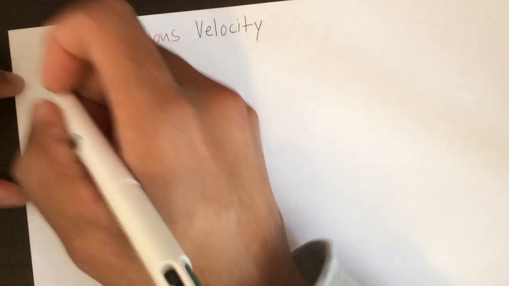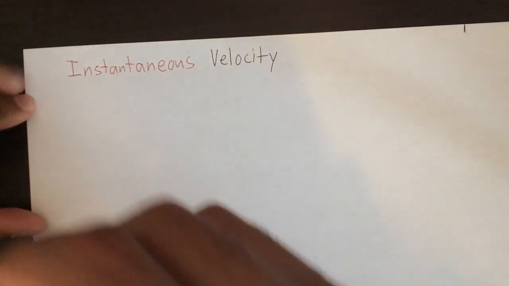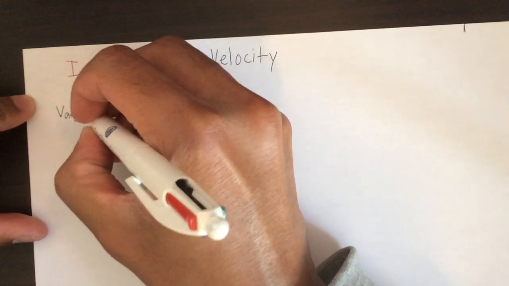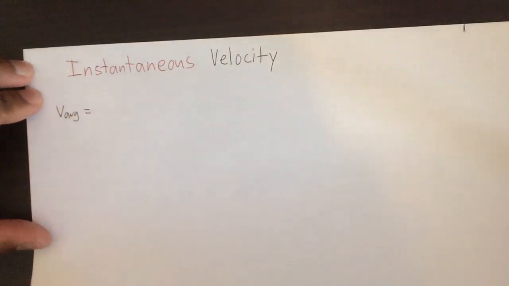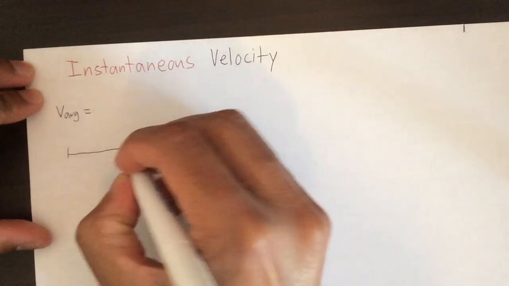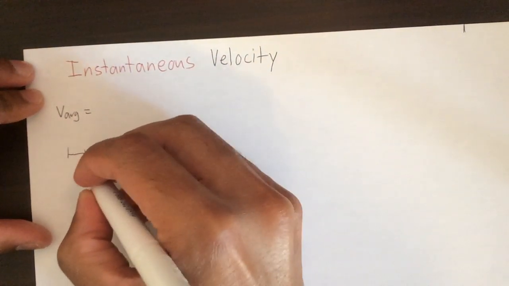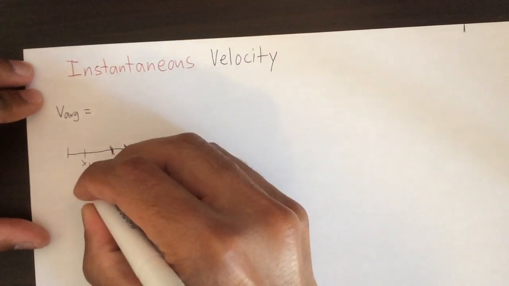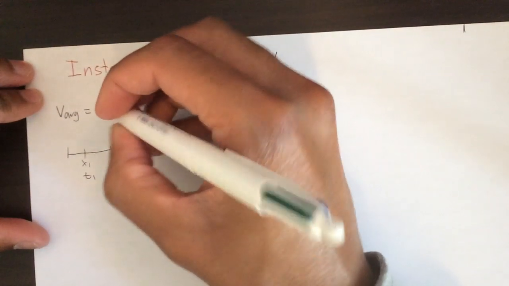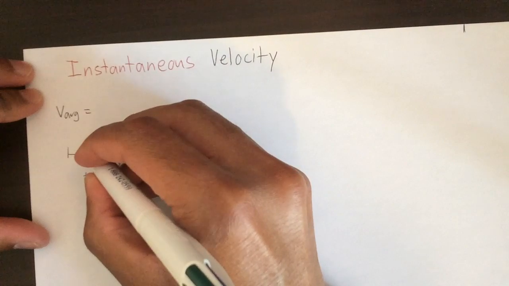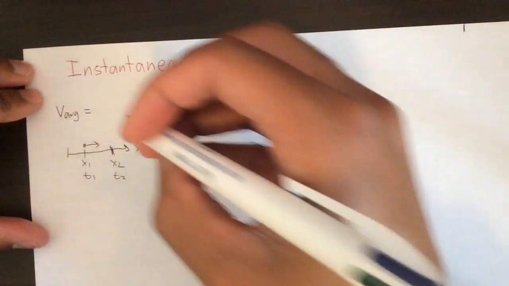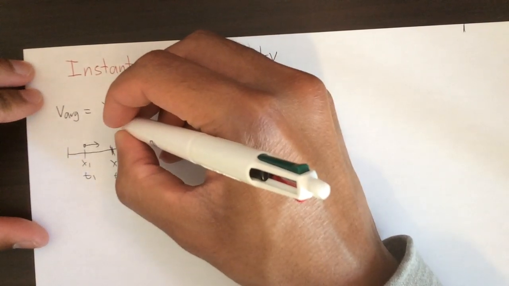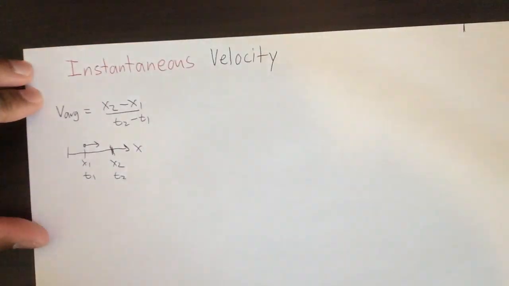So we know that the average velocity of an object moving from x1 to x2, at times t1 and t2, is equal to x2 minus x1 over t2 minus t1.